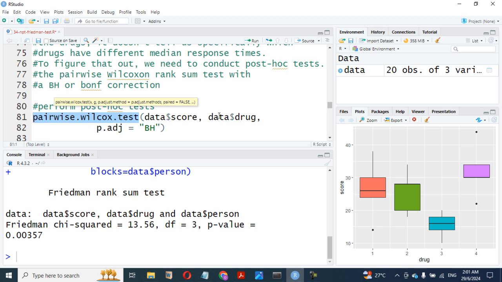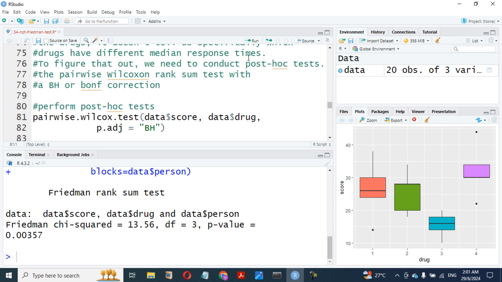We just pass our score here, our drug here, then our p-value adjustment, which will be either the correction for Benjamini-Hochberg or for Bonferroni. There are more: there is Holm, there is BY, there are different types of FDR. So many adjustments you can use, and you can use none if you don't want to, if they are too stringent for us.